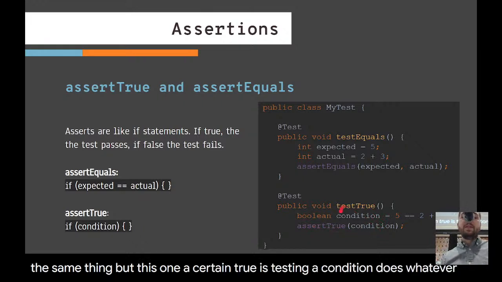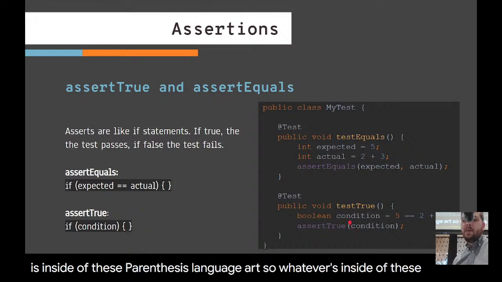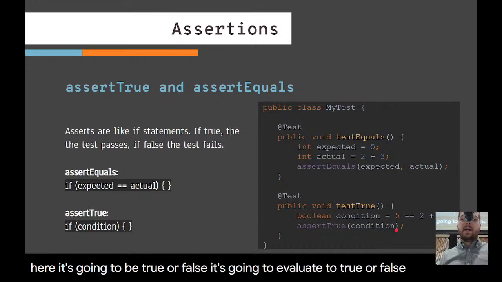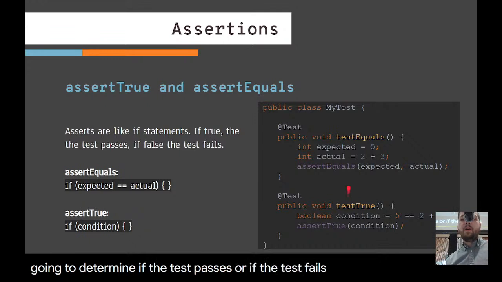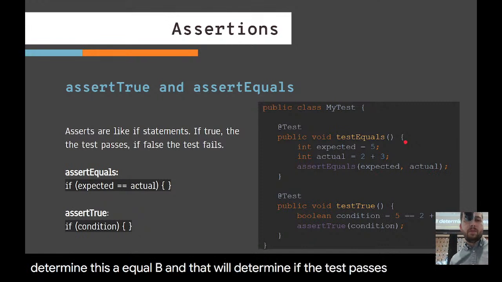Whatever is inside of these parentheses is going to evaluate to true or false, and that is going to determine if the test passes or fails. And then up here, we determine, does A equal B? And that will determine if the test passes or fails.